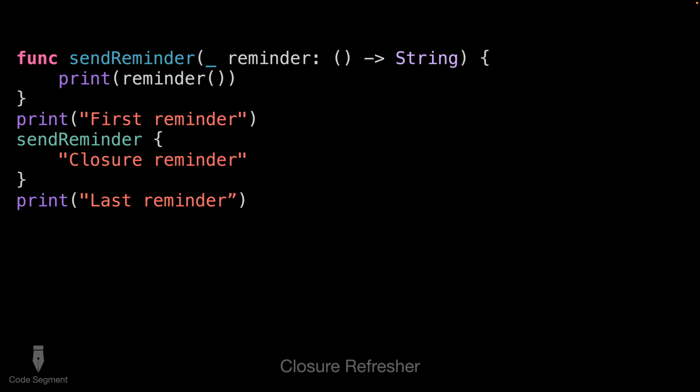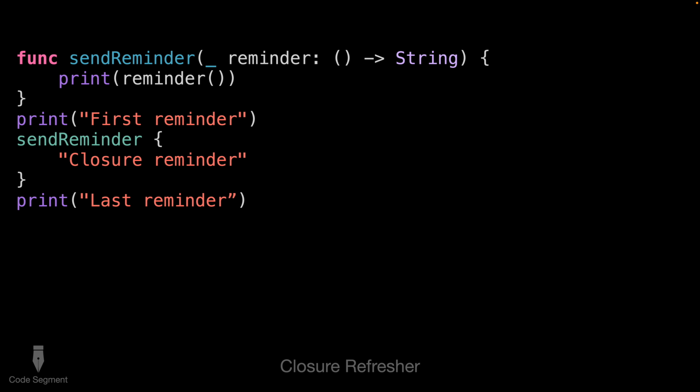The trailing closure syntax, right? So here, basically what happens is we print first reminder, then we call send reminder with this closure. So we pass this closure in as the parameter up here. And then here we print and call the reminder, and we use the result from reminder, which is a string, and we print that. And here is the result, because we're also using the shortcut where if you have a return type expected for a function and only a single expression inside the function, it tries to return that expression.